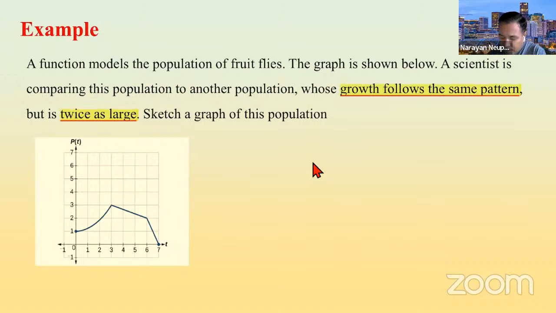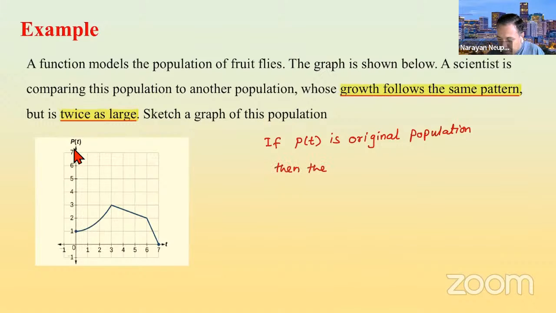So what we know is, let me write here, if P of t is the original population, as it is mentioned here, then the other population that we are talking about here is 2 times P of t.